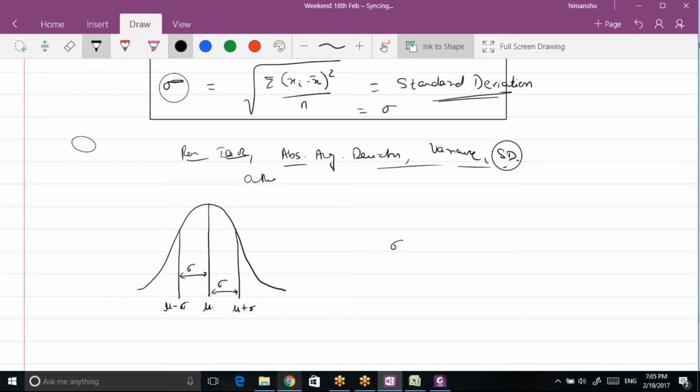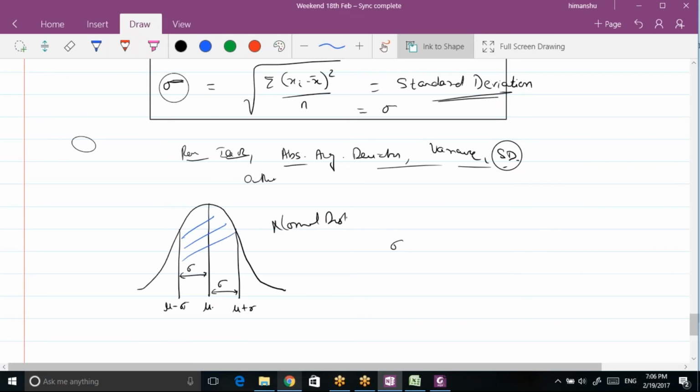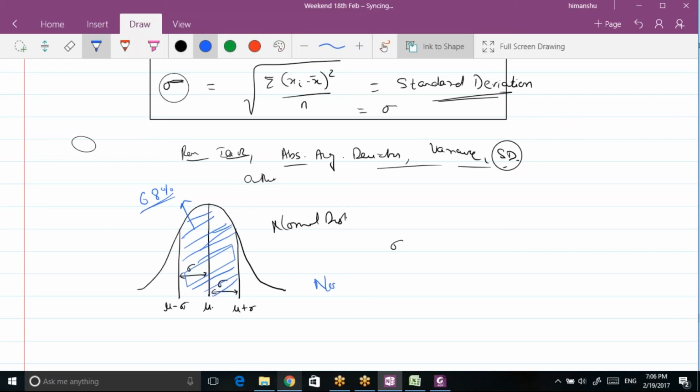For a normal distribution, this area, the relative frequencies or the proportion of your total numbers, is always 68%.